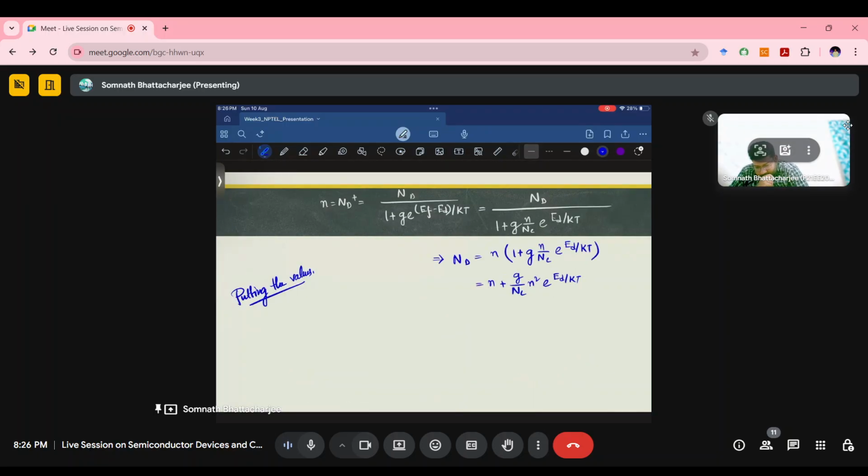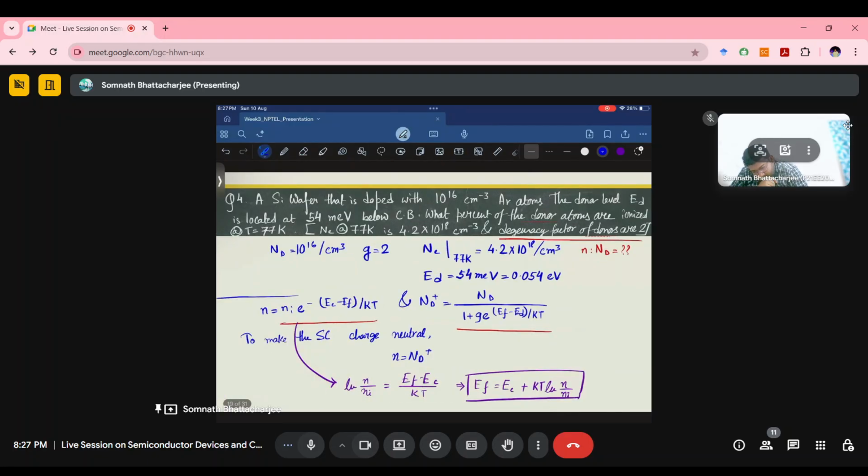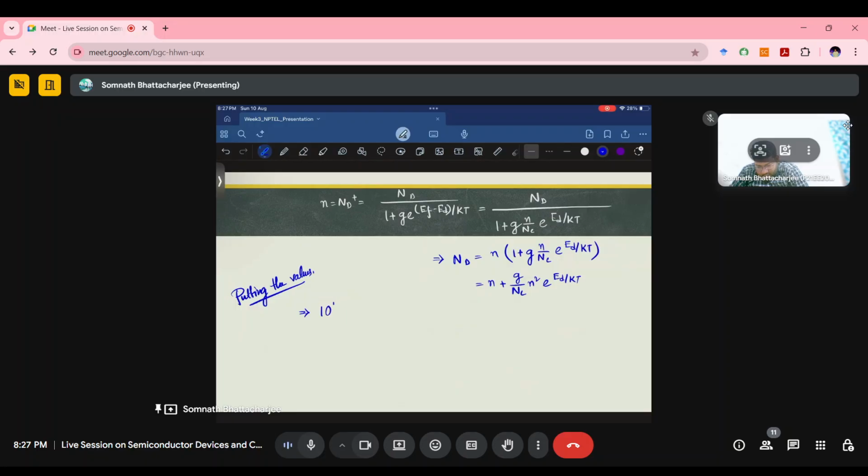ND was 10 to the power 16 per centimeter cube. So N plus G was 2 divided by NC.